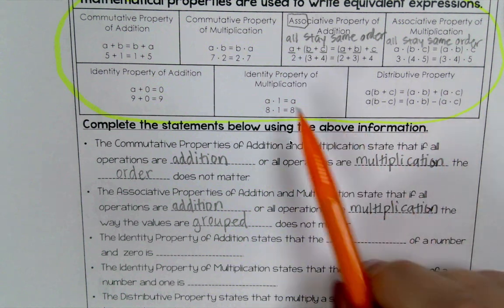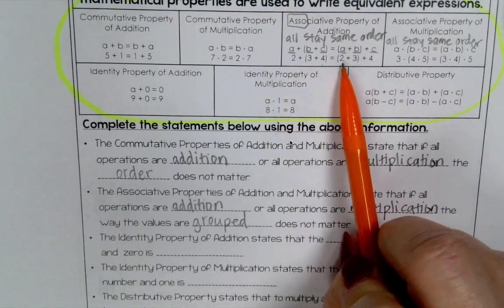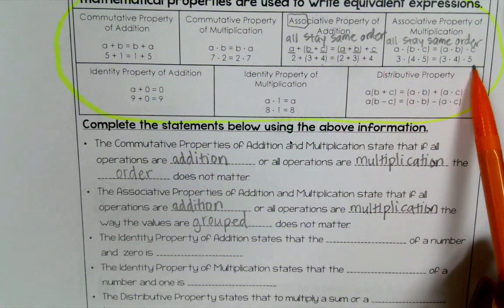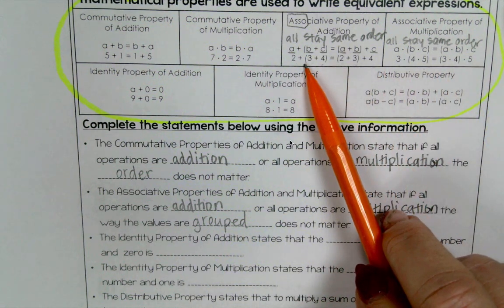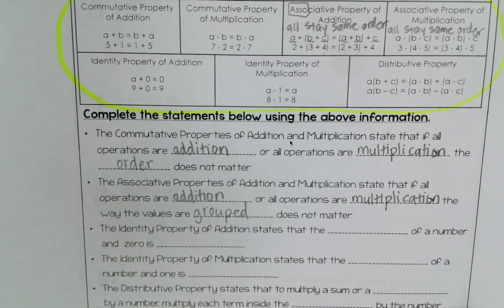So your numbers stay in the same order, 2, 3, 4, 2, 3, 4, 3, 4, 5, 3, 4, 5, and all we change is the parentheses. So all stay same order.